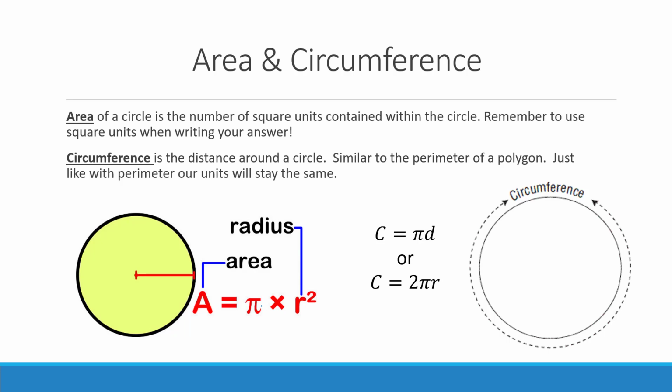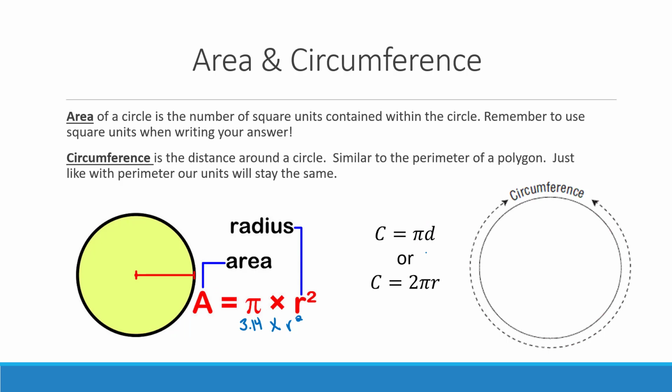Now, sometimes it'll say find the area of the circle and use 3.14, which is usually what we use for pi. So in that case, we would be 3.14 times your radius to the second power. Again, it's important to note that area always deals with radius. So if you were given the diameter on an area problem, you would want to cut it in half first before plugging it into your formula.